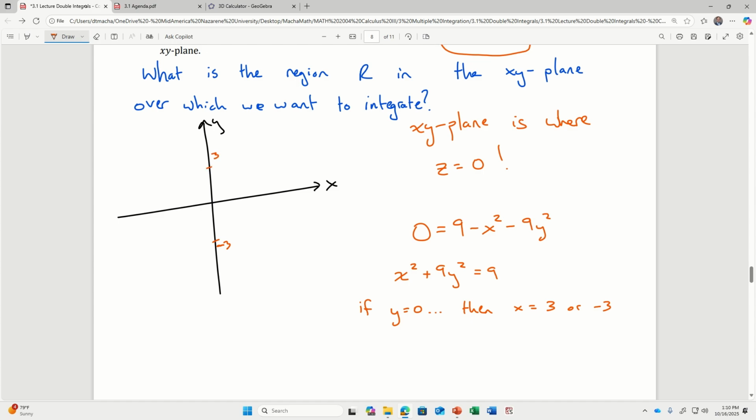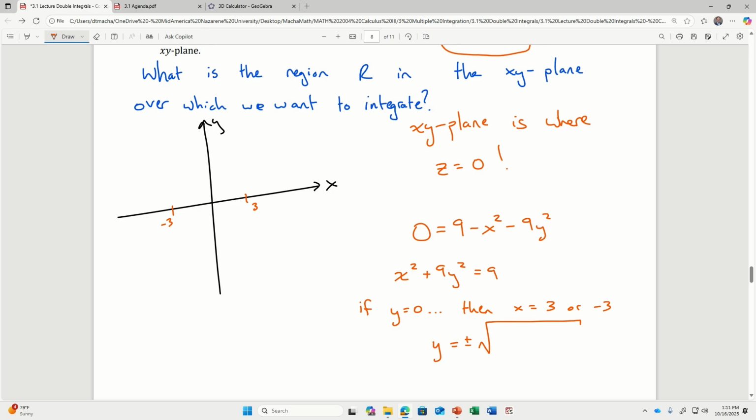And then let's solve for y. Oh sorry, I'm not drawing this right, because those are supposed to be negative and positive 3 for the x variable when y is equal to 0. So that should be here and here.